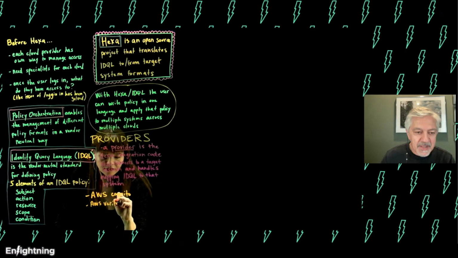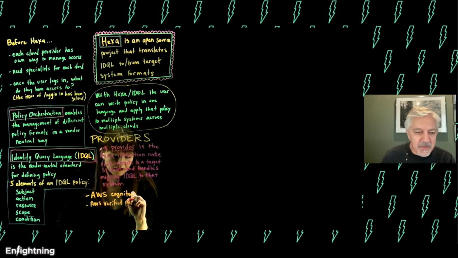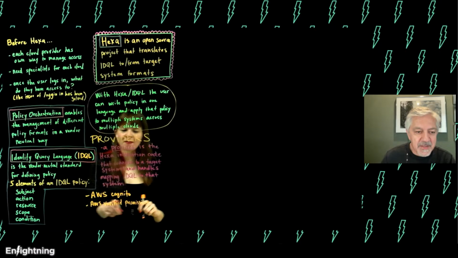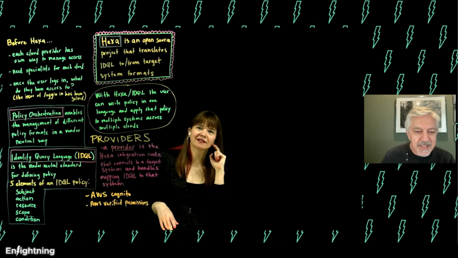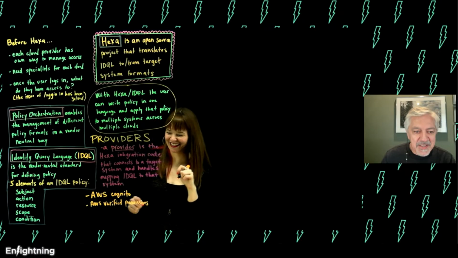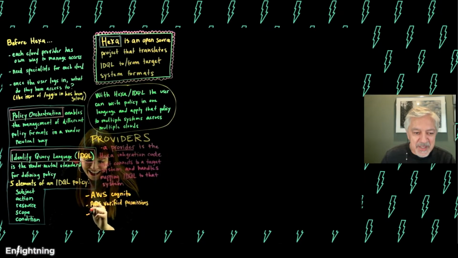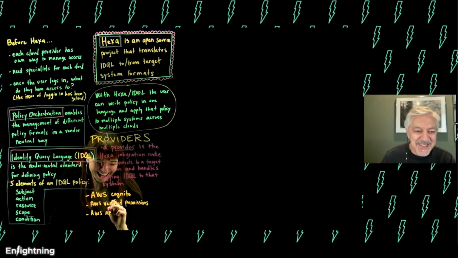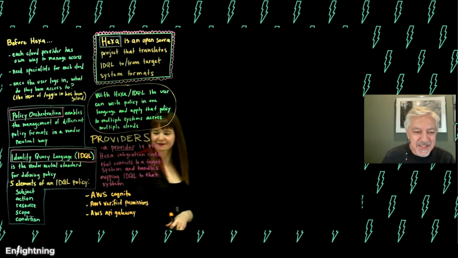And also the Amazon API Gateway. Are AWS and Amazon synonymous? Yeah, I think so. I mean, the branding folks tend to get more particular about that. AWS API Gateway? Yes. Okay.